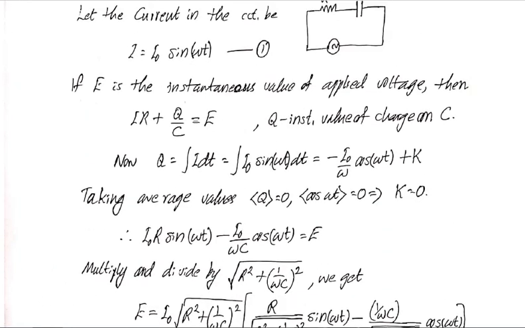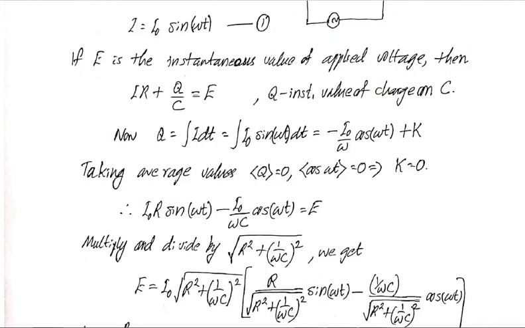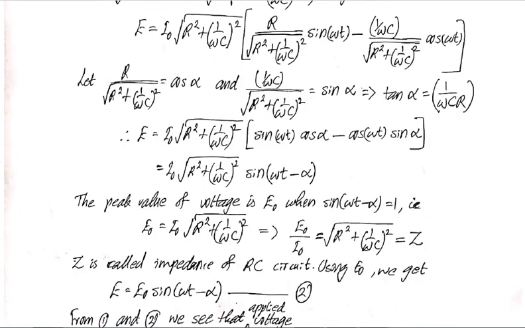Now from 1 and 2, from 1 we assumed that I equal to I0 sin omega t, and in 2 we get E equal to E0 sin omega t minus alpha, where E0 and I0 are related by this expression, and the quantity root of r square plus 1 by omega c whole square is called the impedance of the RC circuit. It plays the same role as the resistance in DC circuit. So the unit of this impedance is again ohm.